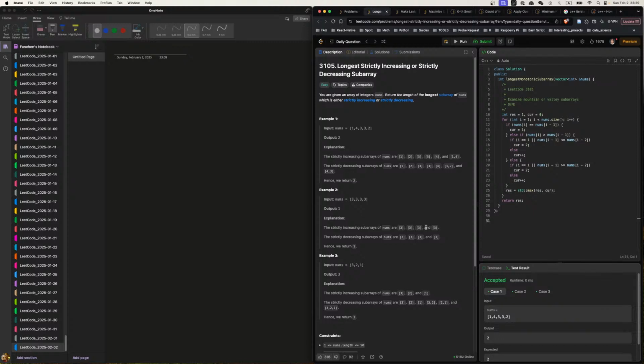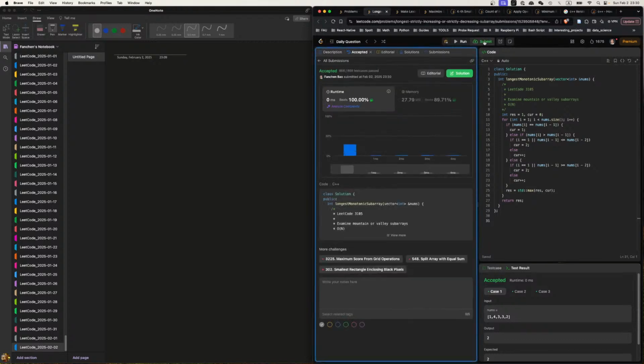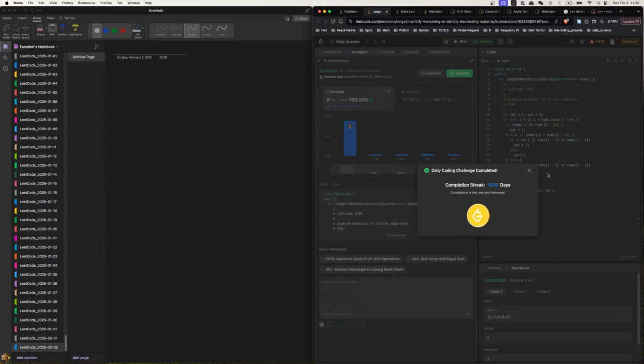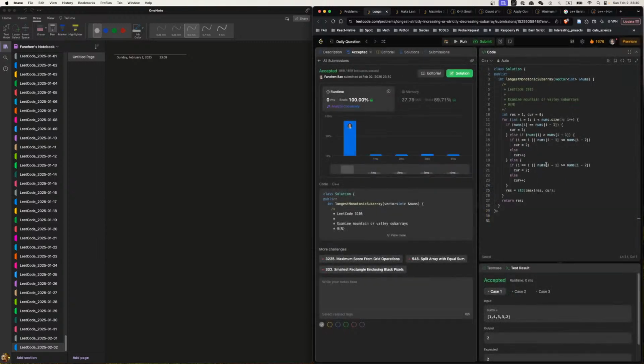So if there's no previous one, or if the previous one is not strictly following the current trend, then you basically restart, you set current to 2. But if it is following the trend, then the current is plus plus. Yeah, I feel like it looks fine. Let's see if we pass. Oh, okay. Looks pretty good.